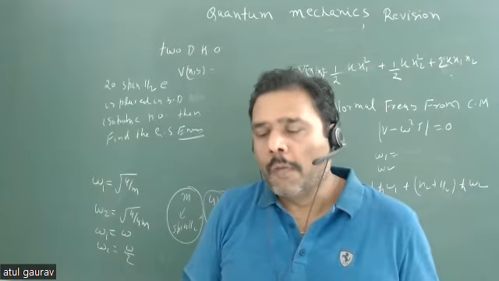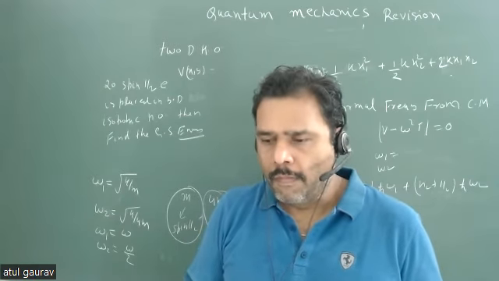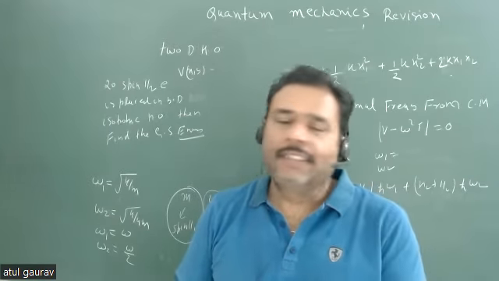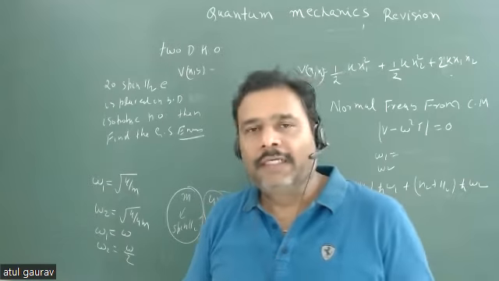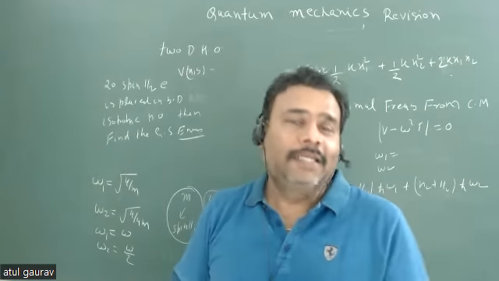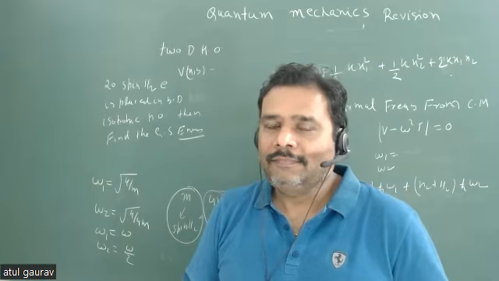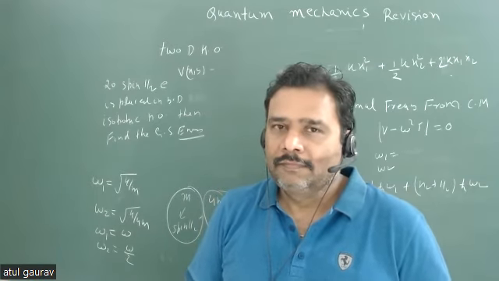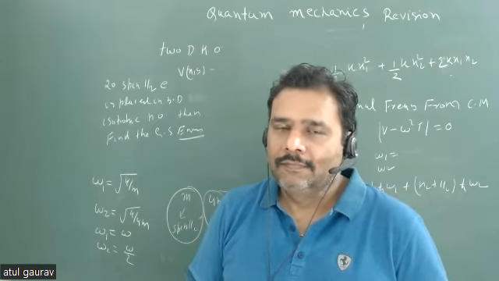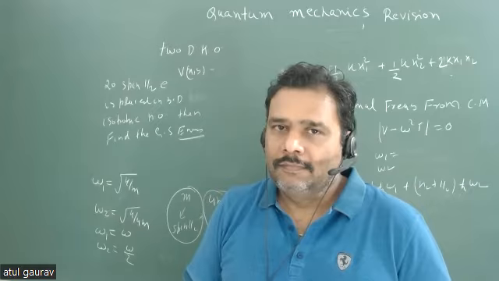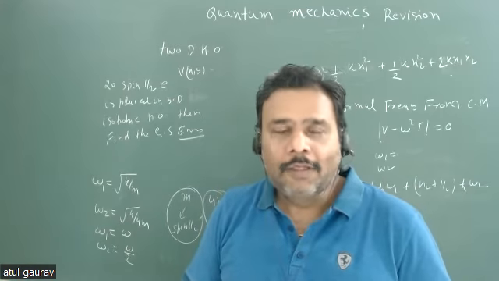So it can be said that it is only translating in that mode, that is, only translating for that particular omega equal to 0. But what will be the quantum mechanical energy for that? Zero. Zero quantum mechanical energy.